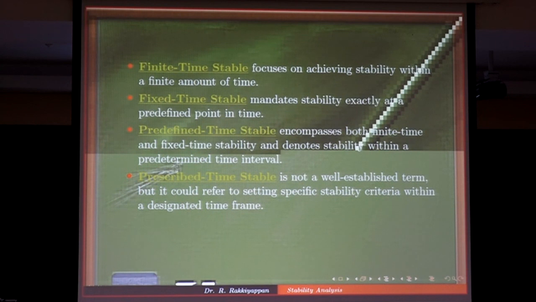The third definition, predefined time stability, encompasses both finite time and fixed time stability and denotes stability within a predetermined time interval. Prescribed time stability is not a well established term, but it could refer to setting specific stability criteria within a designated time frame.